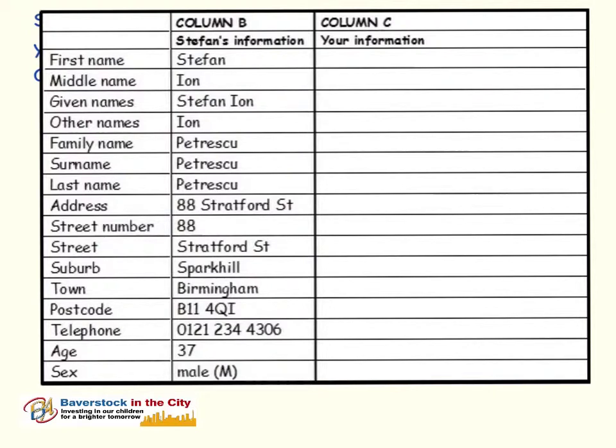For example, as you know, family name, surname and last name mean the same thing. But you do need to know those terms because they might be in a form that you are asked to complete.